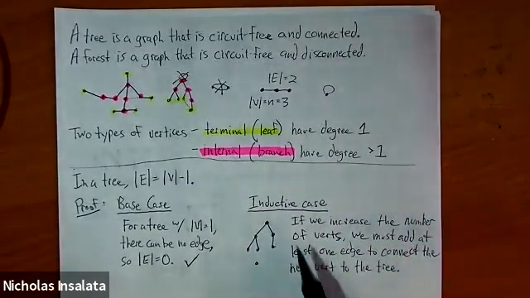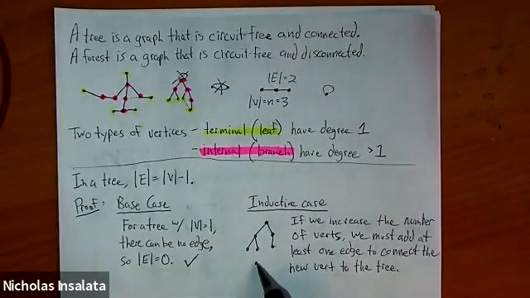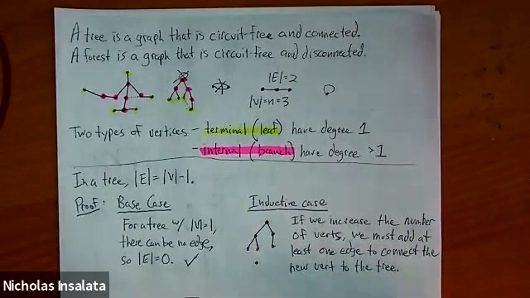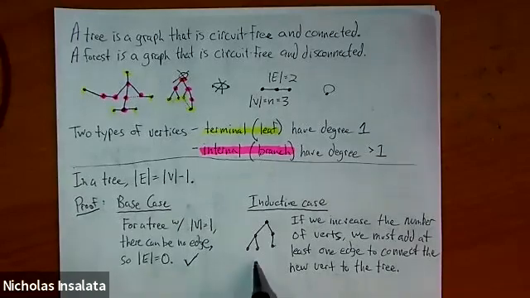Does it matter where we connect the other side of the edge to? Can we ruin the tree property by connecting it to this one instead of this one, or this one instead of this one? Does it make any difference? Is there a way that we could connect up this vertex and create a circuit and ruin the tree?